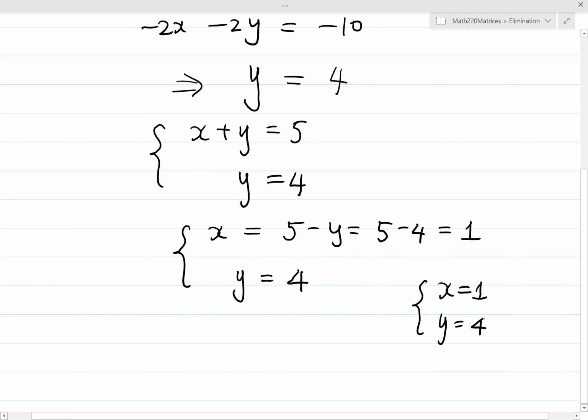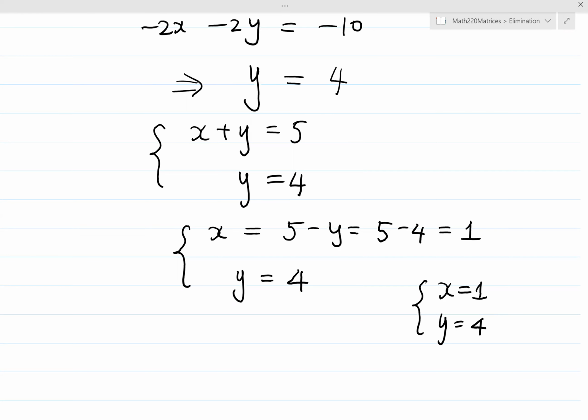So this technique is very easy. We know how to do this in high school. It is called elimination. We try to reduce the number of variables by manipulating the coefficients, multiplying by certain numbers and then adding them together, so we cancel certain variables and reduce the number of variables.